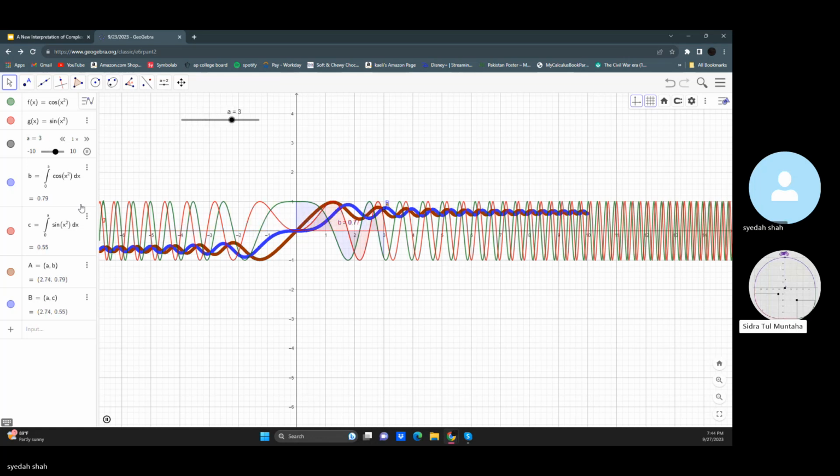So what do you think? Which are actually the real parametric curves for the Euler spiral? The integrated ones or this cos of x squared and the sine of x squared?